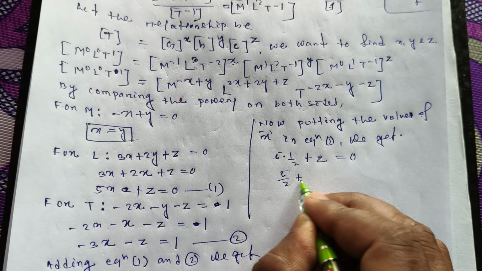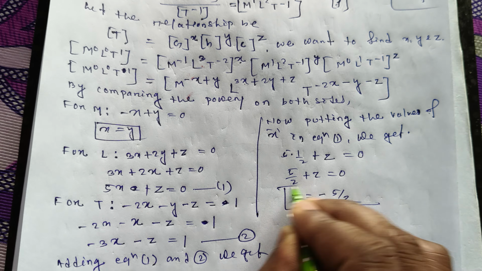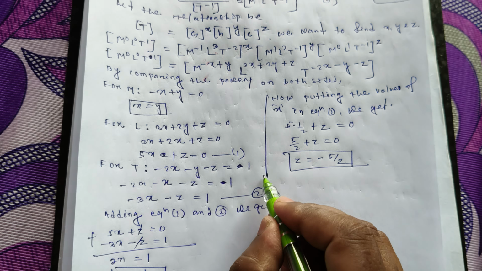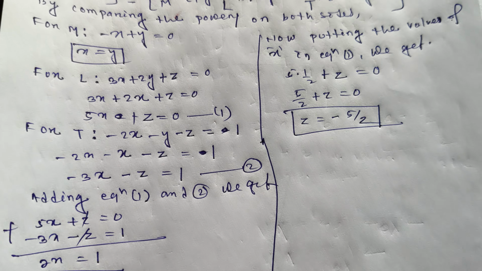So 5 by 2 plus z is equal to 0. So z is equal to minus 5 by 2.